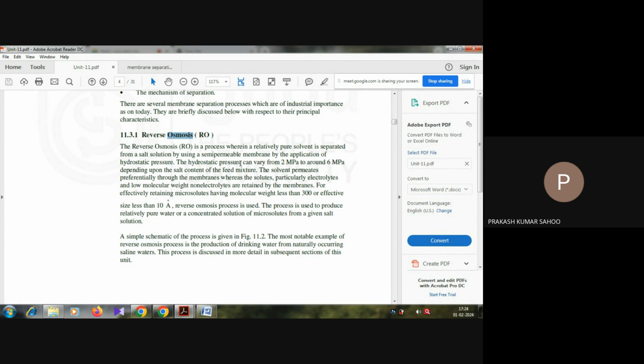So in osmosis there is separation of solvent particles from the solution, and the solute particles remain at one end, at the residual part, and the solvent particles will be at the filtration part, at the opposite end. So in reverse osmosis, what happens?